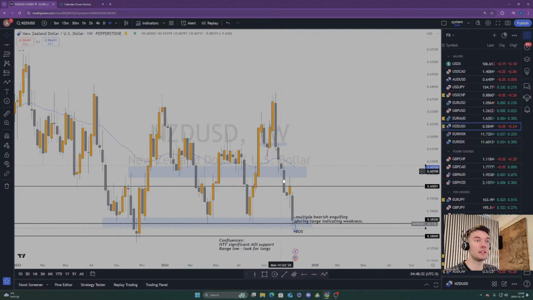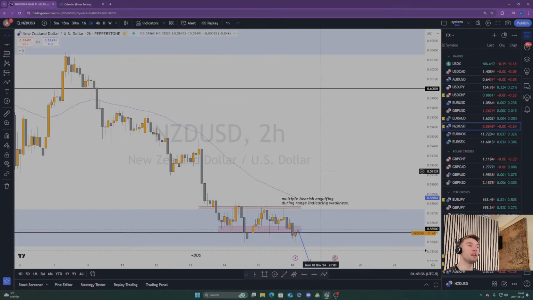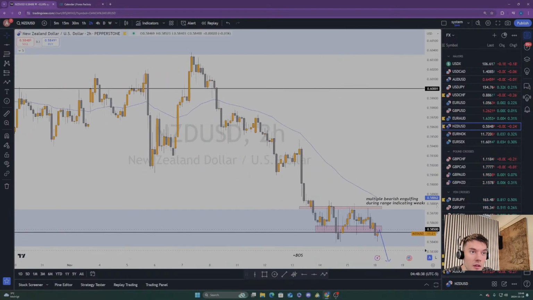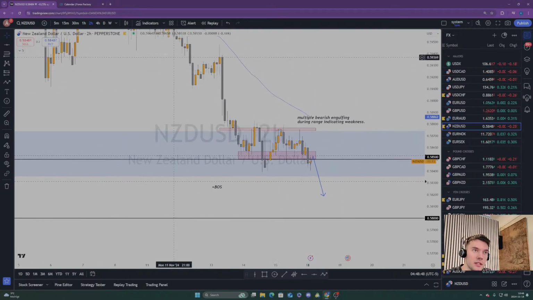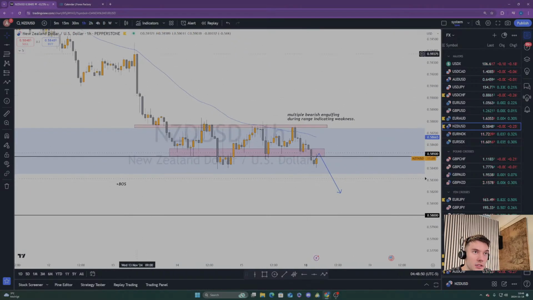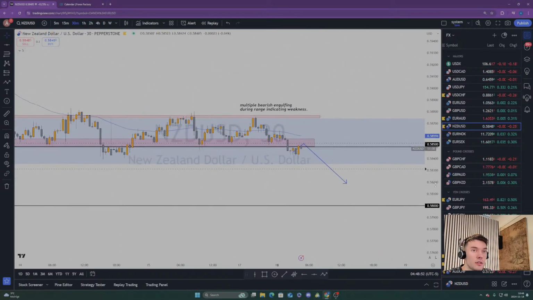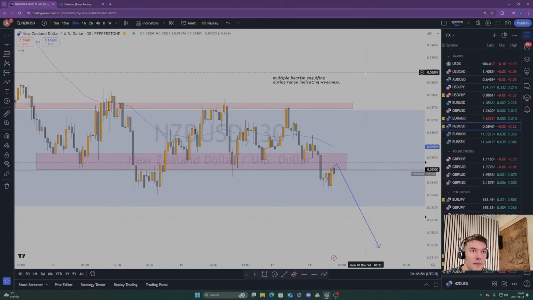So as we tap support, we are expecting price to bounce. What we're seeing on the lower time frames is in contrary to that. We're seeing how price is responding very bearishly, and now even pushing below the big figure and the AOI level. So we have to be cautious there. We can't just short it however we want.